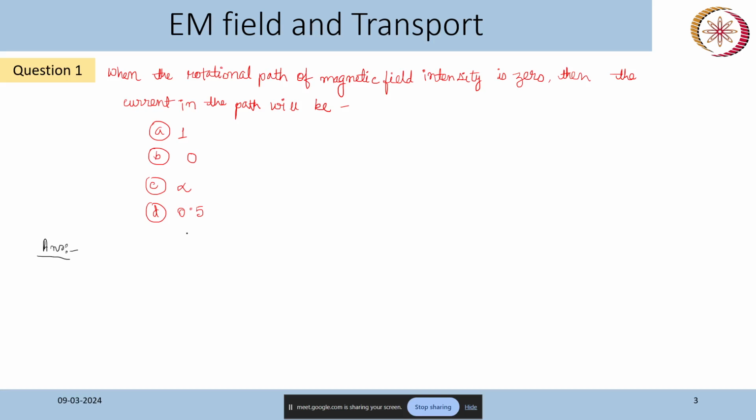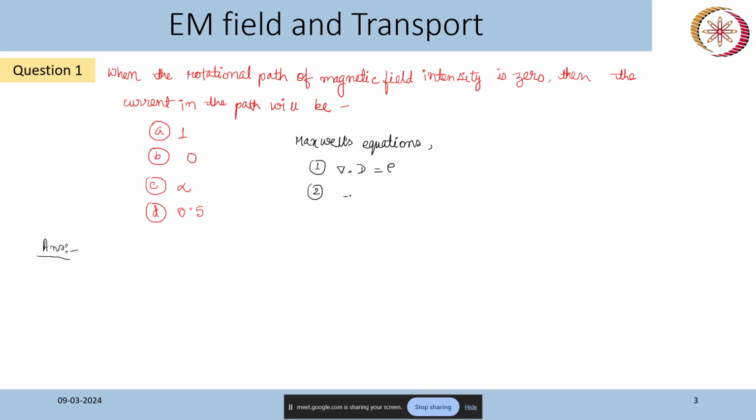So to solve this question, we will use Maxwell's equations. Let me first write down the four Maxwell's equations. The first equation is del dot D equal to rho.